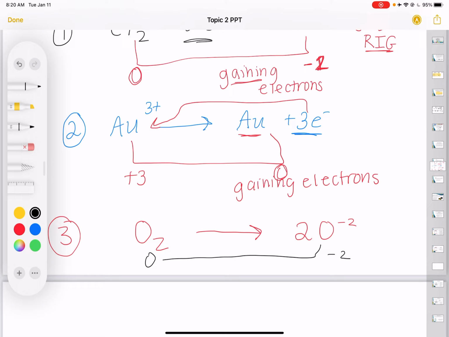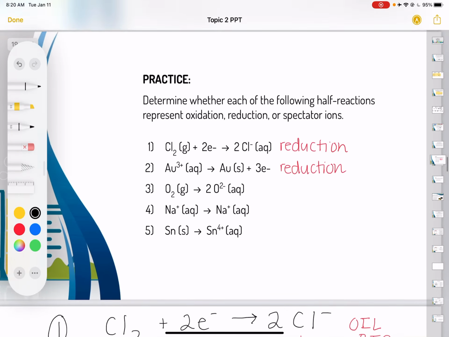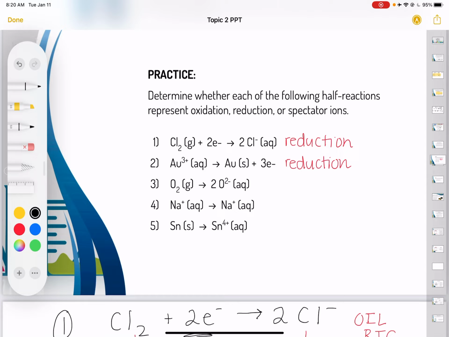So when it's going from 0 to -2, that is also becoming more negative. Electrons are negative, so we're gaining again. Are these all gaining? So if we go back up here, this is also a reduction reaction.